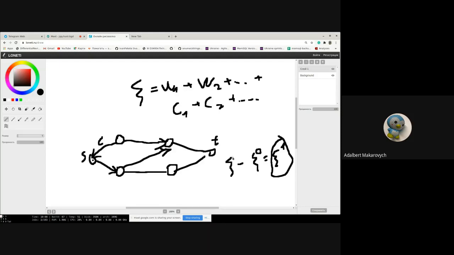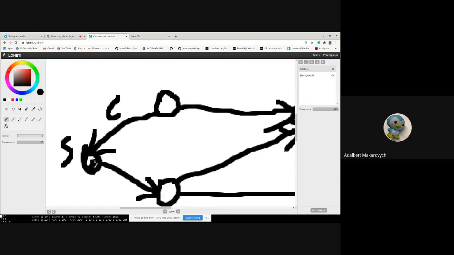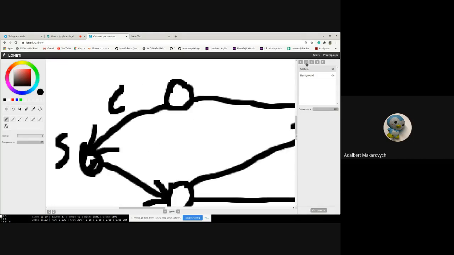This is true for C, this is true for C0, so this should be true also for C1. Also in C1, the flow from S to T is equal to 0.